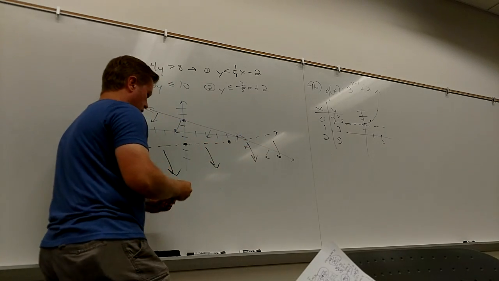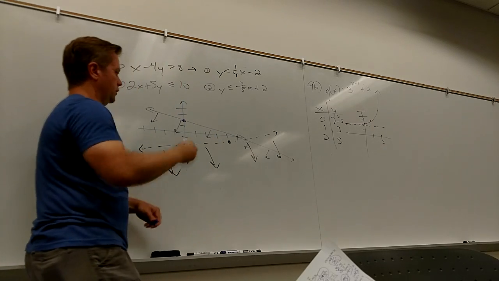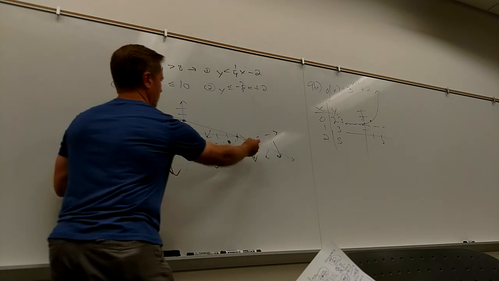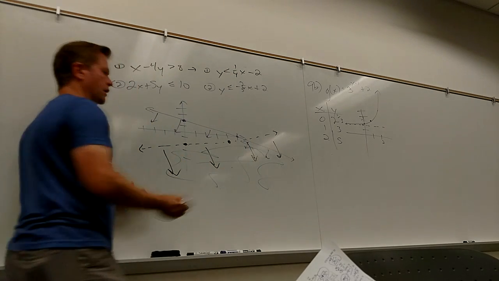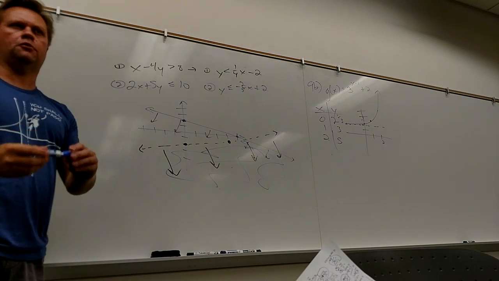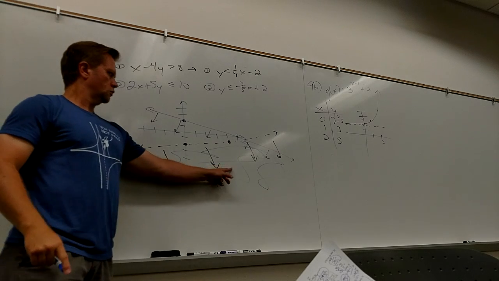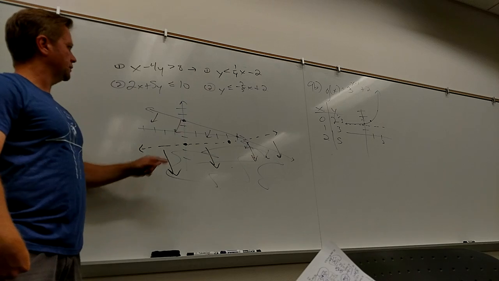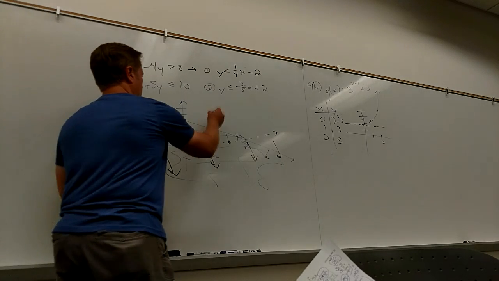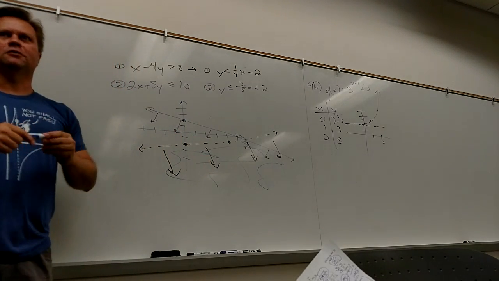So the answer is going to be where the shadings overlap in here. What's special about that point? It's going to make both of these true. What's special about this point right there? Neither one of them is going to be true there.